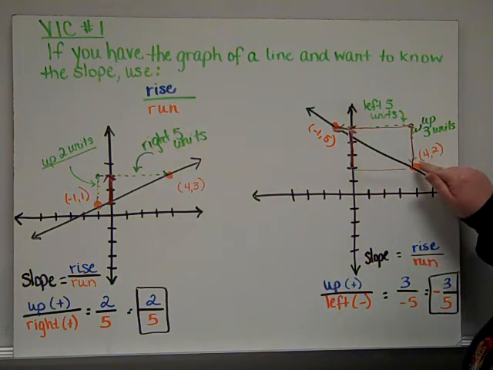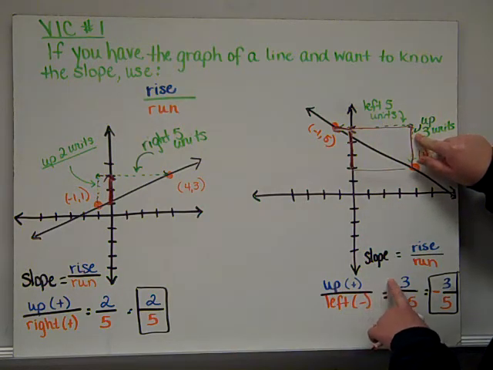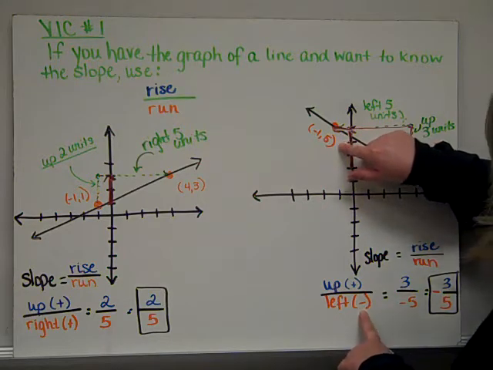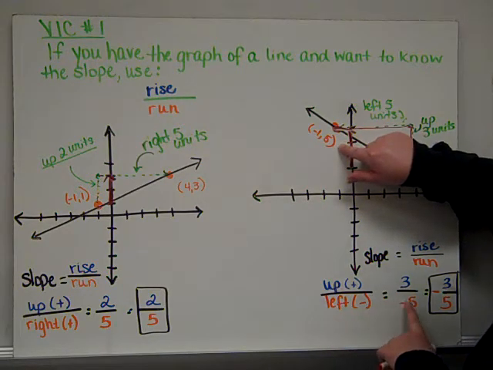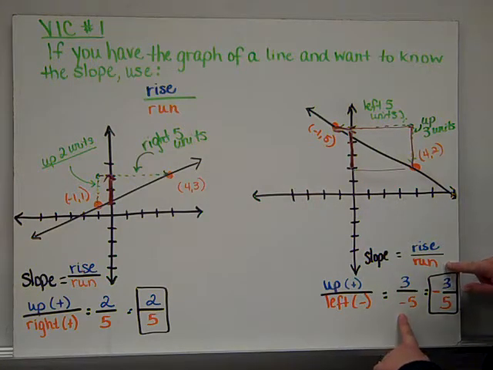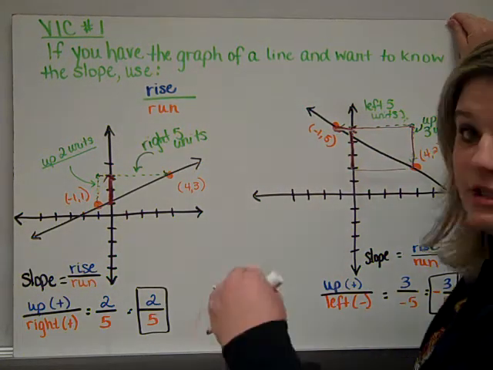But notice the direction. I went up, which is a positive direction, so that's positive 3. I went left 5. Notice left is a negative direction. So my slope, rise over run, is positive 3 over negative 5, which is negative 3/5. And I can tell it is definitely a negative slope as it slopes downward.